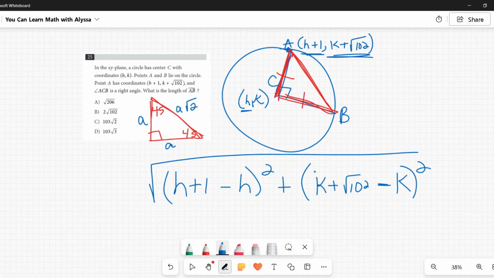I'll be left with just numbers, which is why we're able to have just numbers in our answers.